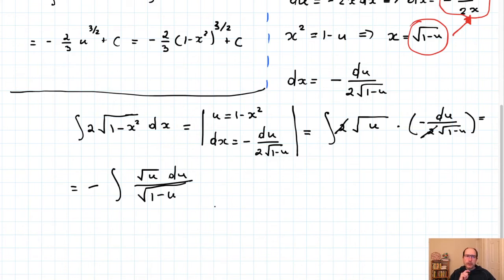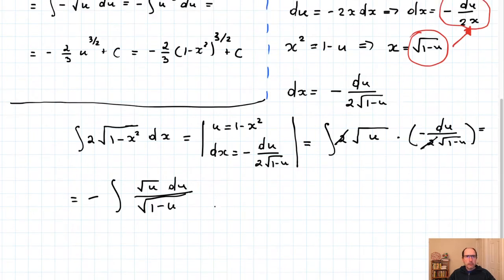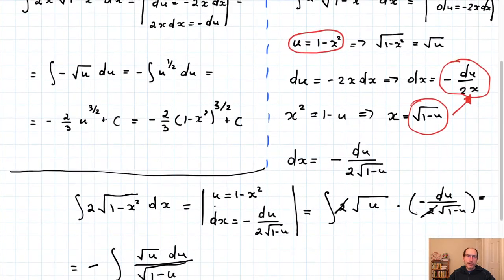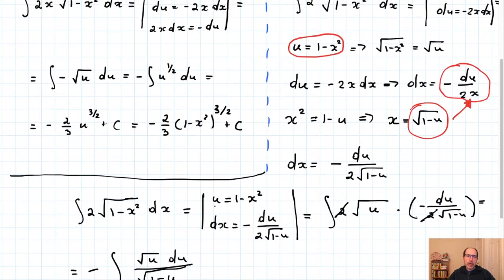Let's take a look at this result. What we see is that even though one of the terms in the integral got simplified, the rest became more complicated. That is essentially because expressing dx in terms of du resulted in us having to put an additional square root in the denominator.